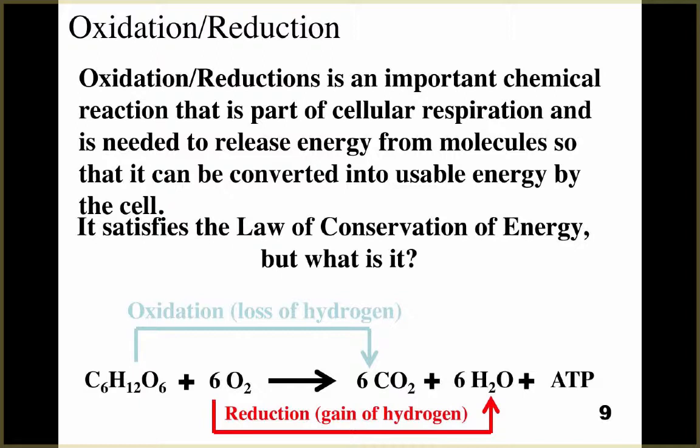And so basically this whole part of oxidation-reduction satisfies the law of conservation of energy. And the law of conservation of energy is basically that energy is conserved, that it's not destroyed, it just gets transferred from one form to the next, right?